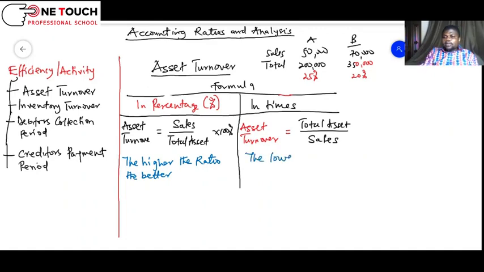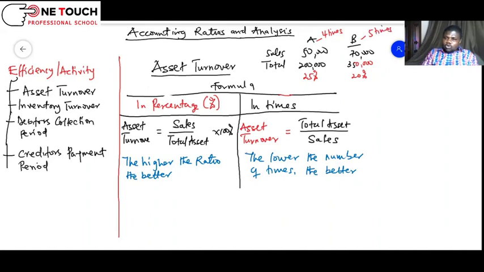The lower the number of times, the better. You see the scenario that I just gave. We said A is doing better than B. Let's look at it in times. In times, it will be 200,000 over 50,000. So A will be 4 times. Then B will be 5 times.